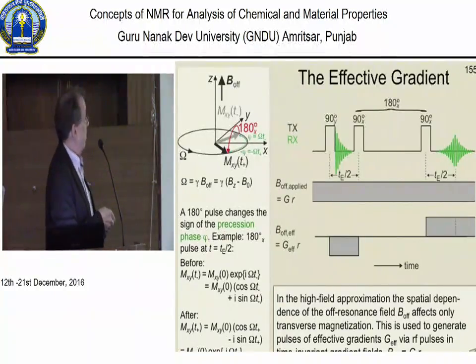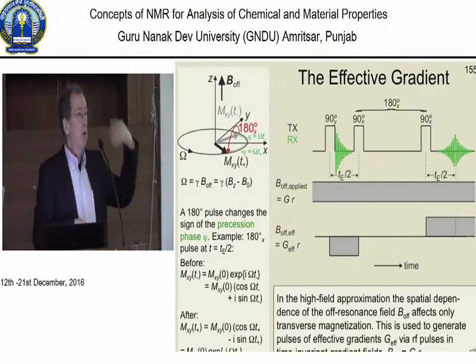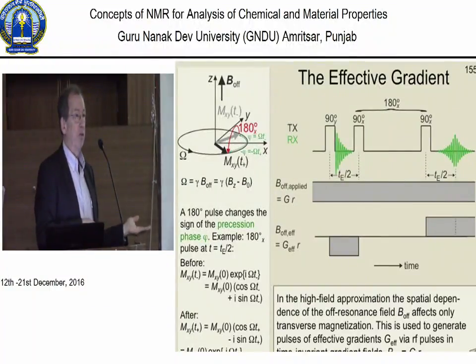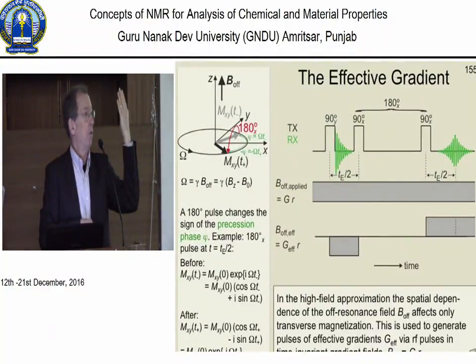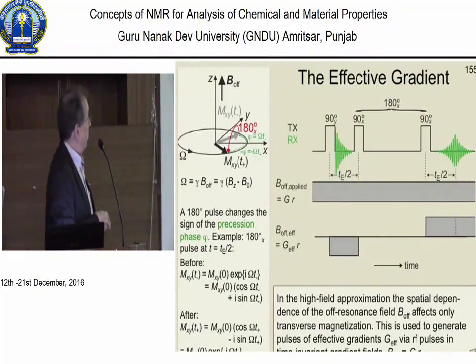Now what happens is that the gradient, the magnetic field inhomogeneity, is only visible to the spins when they're precessing, because it affects the precession frequency, not the value of the polarization in the z direction, because the gradient is way too small. So that means the gradient only becomes active while the magnetization is in the transverse plane.